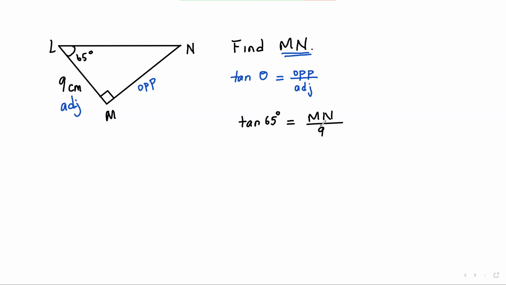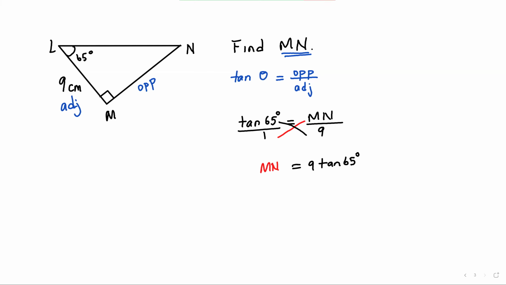All right, so therefore, MN, you cross multiply here. You could put tan 65 over 1 and then cross multiply. So cross multiplying would mean it'll be 1 times MN, so that would be MN, and then that would be equal to 9 times tan of 65. And you literally just type that in directly on your calculator, 9 tan 65, and you'll get your answer.